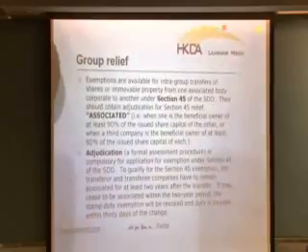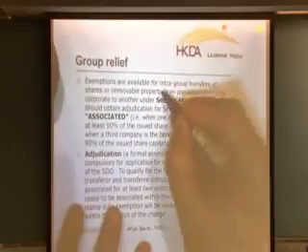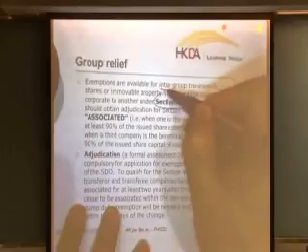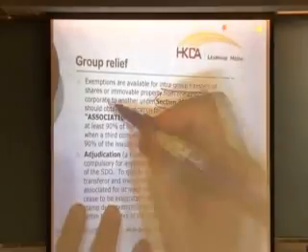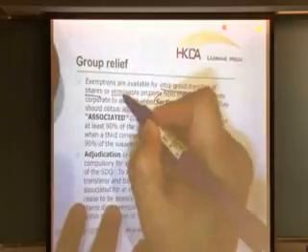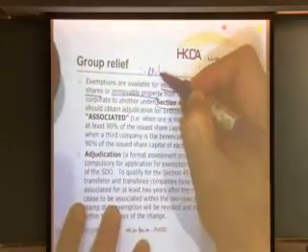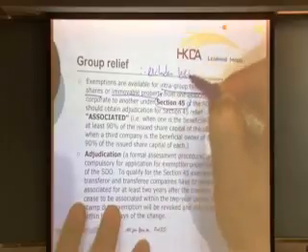And then as I mentioned, the most important exemption in stamp duty is so-called group relief under Section 45. This involves intra-group, that means within the group transfer of shares or immovable property. Therefore, excludes lease.